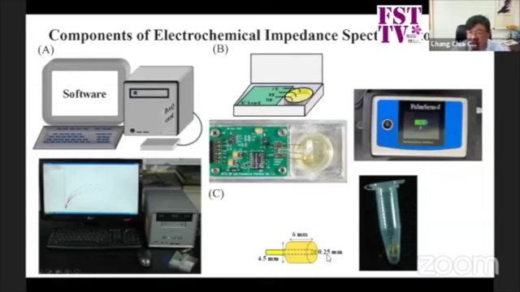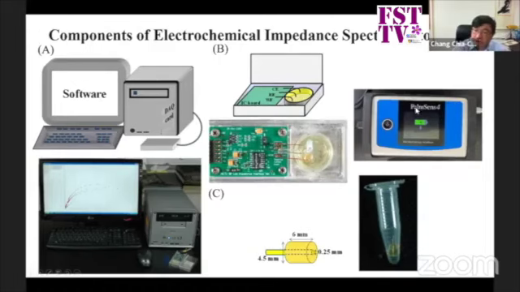So previously, about 10 years ago, we developed homemade electrodes and used this tiny electrode, and we fabricated about 200 electrodes for the experiment. We also developed our detection system. And recently, we found that there may be some commercially available potentiostats, which are very convenient.